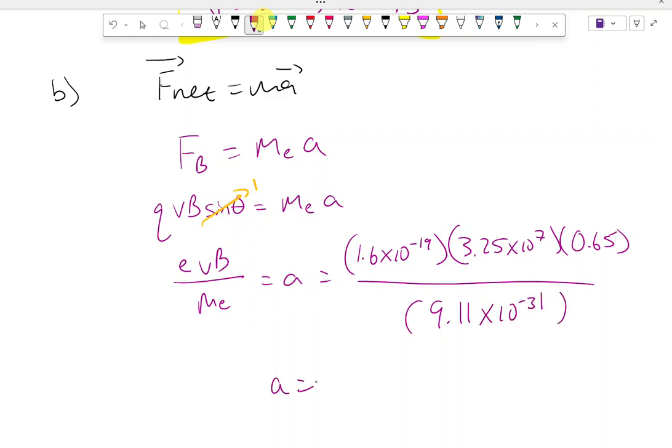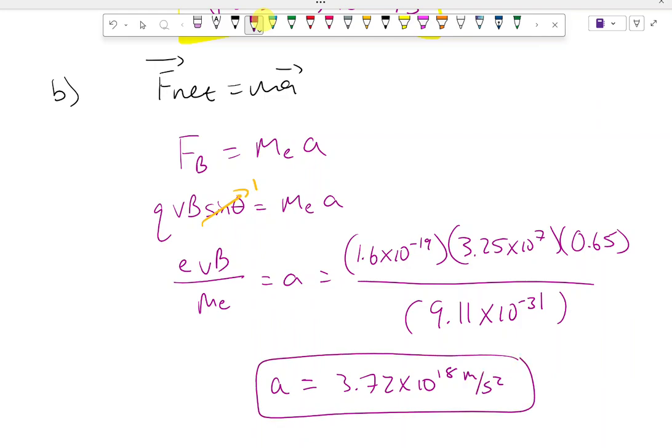Plugging into my calculator, elementary charge times 3.25 times 10 to the 7 times 0.65 divided by the mass of an electron, we get 3.72 times 10 to the 18 meters per second squared.